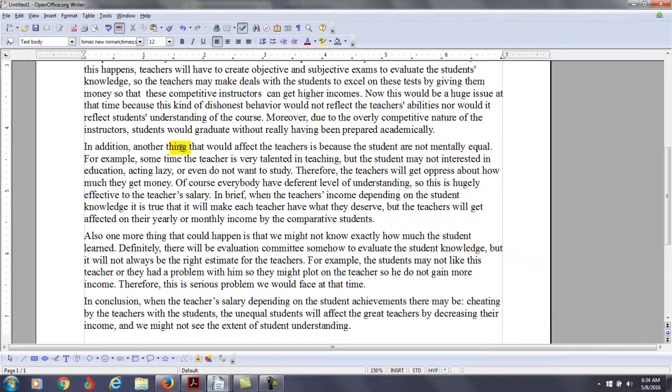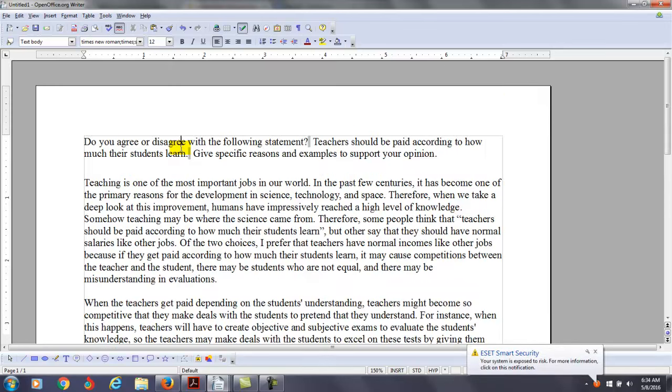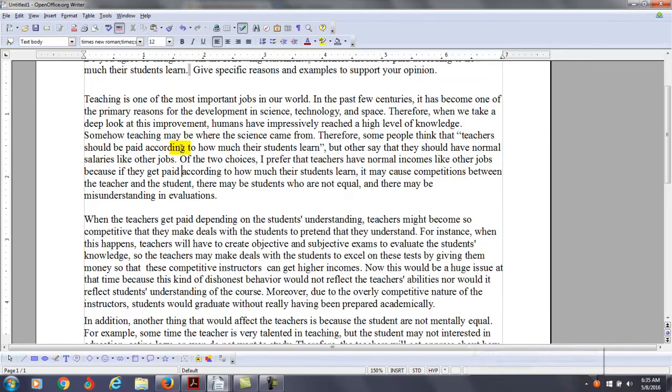Okay, let's take a look at the next one. You say, in addition, another thing that would affect the teachers is because the students are not mentally equal. But what you're saying here, this topic sentence, it doesn't go back to this. So teachers should be paid according to how much your students learn. Do you agree or disagree with it? So you disagree with it, right?